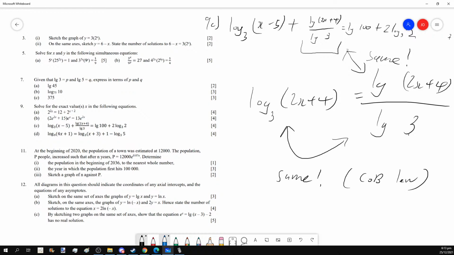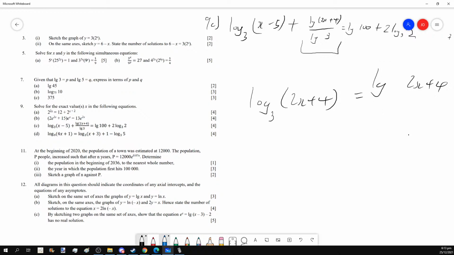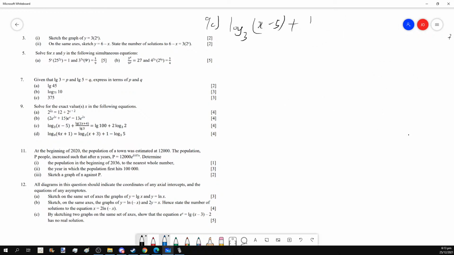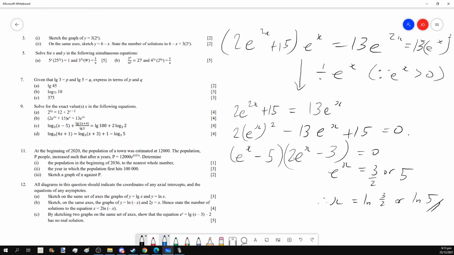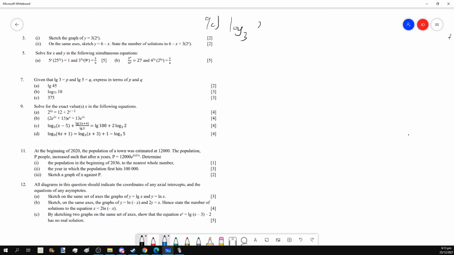Alright, so that will be our first step. In doing this, change of base will be a very powerful strategy. Oh, I pressed too many undos. Let me bring it back.